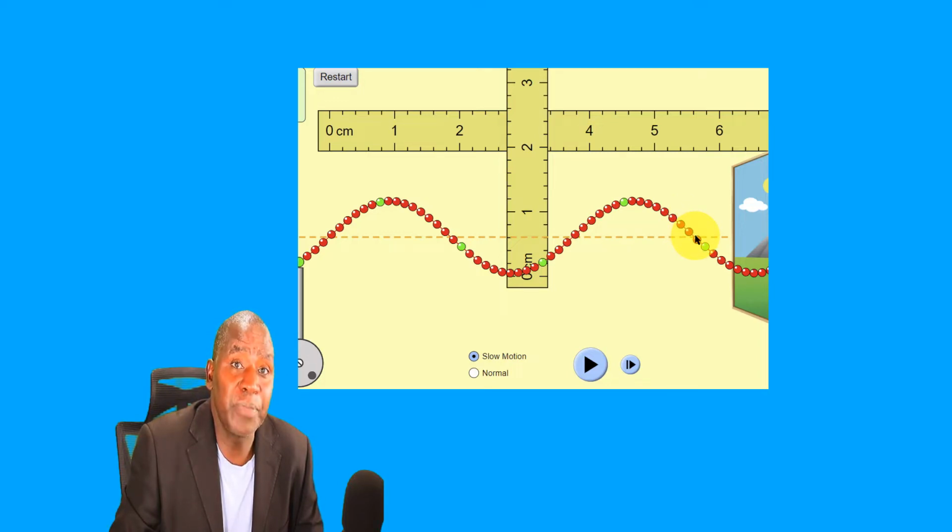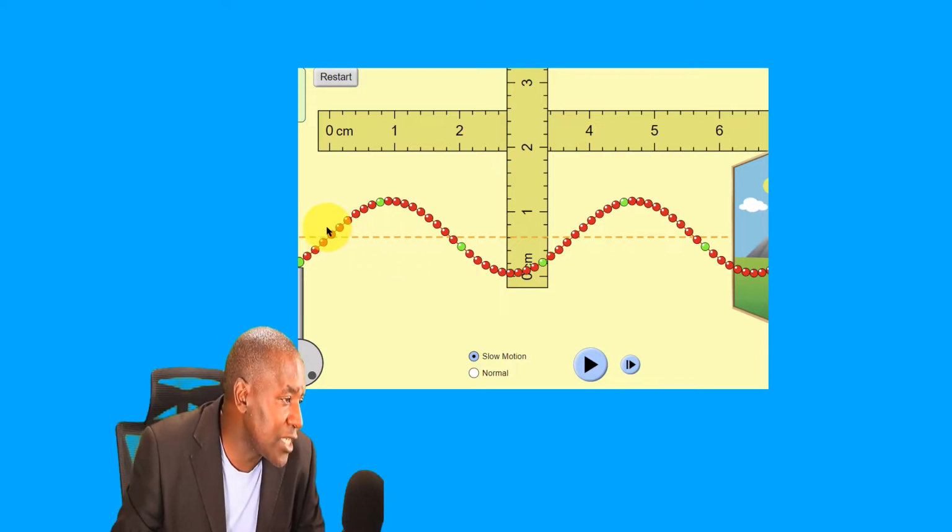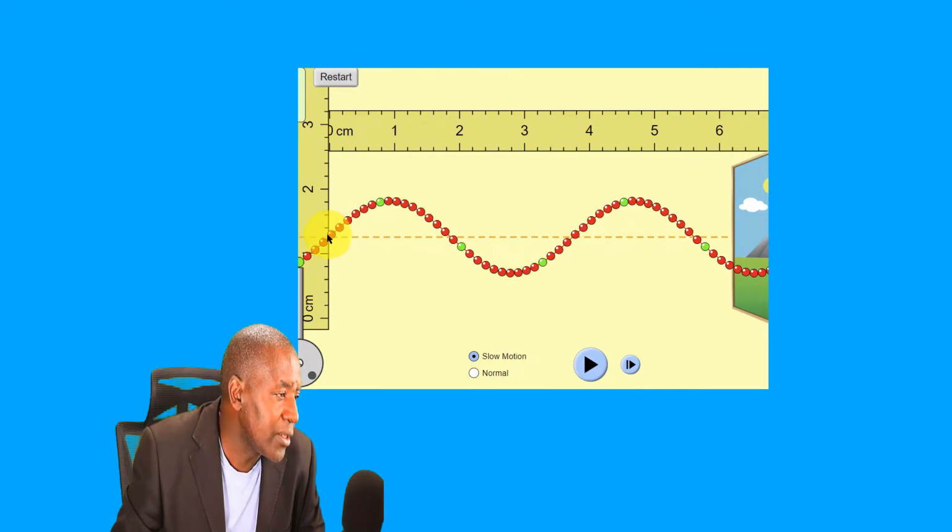That will be a complete oscillation when we are looking at the displacement position graph. You can even start from here, where I have this ruler: this is the first quarter, second quarter, third quarter, fourth quarter, up to this point here.